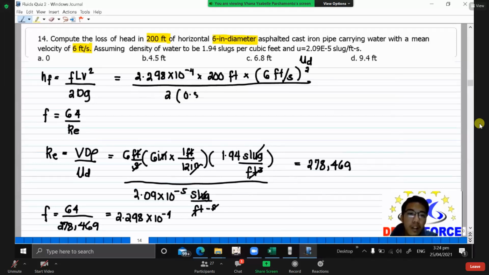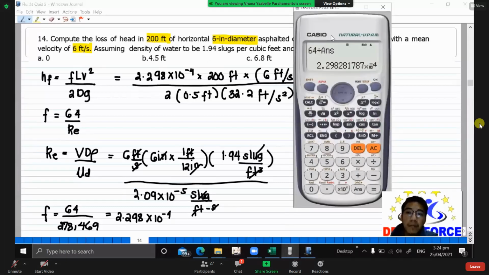That is 0.5 feet. Then G, ano yung G natin? 32.2 feet per square second. So cancel yung mga unit. Ang matitira dyan is unit of feet. So ito times 200 times 6 divided by 2 times 0.5 times 32.2.